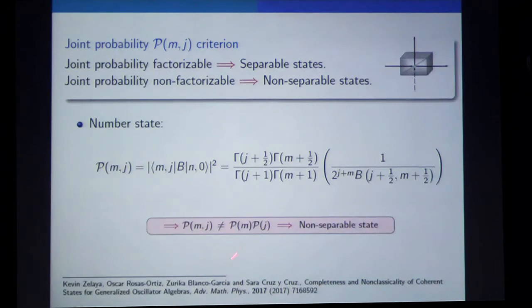Therefore, the joint probability is non-factorizable, then the state is non-separable. Using the Knight conjecture, this state injected in this arm is non-classical, like we know for the number states.